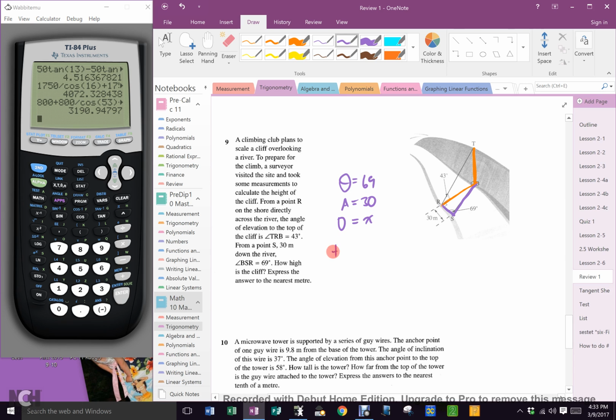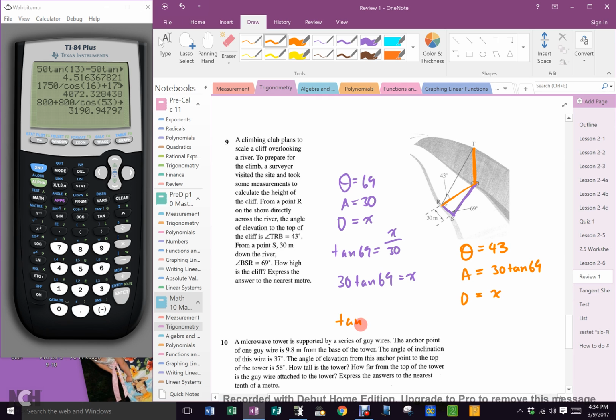So that's tan 69 equals opposite x over adjacent 30. So 30 tan 69 will give me x. That's what I need right there. Now in the orange triangle, I have a theta of 43. I have an adjacent of 30 tan 69, and I need my opposite. That's the one I don't know. So what uses that? It's tan.